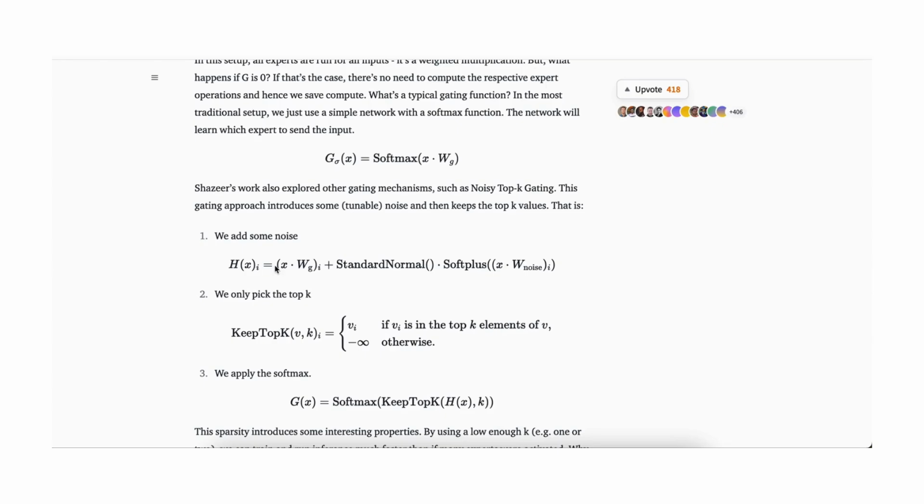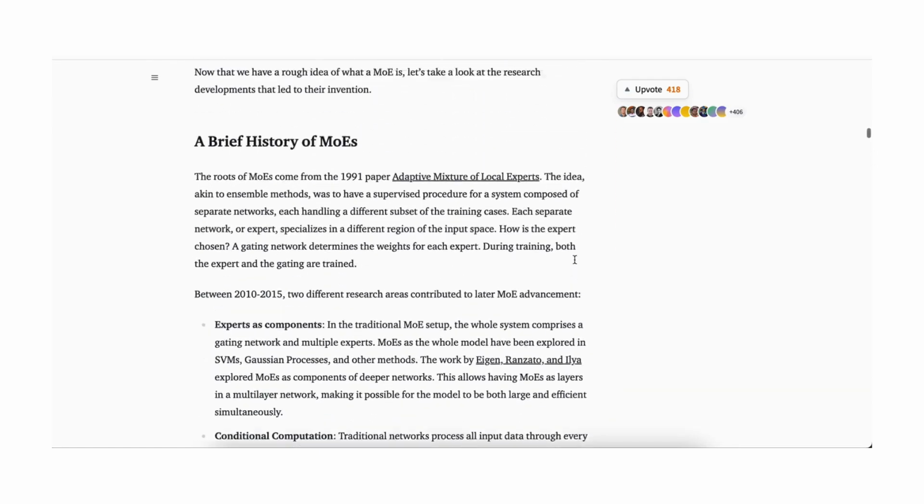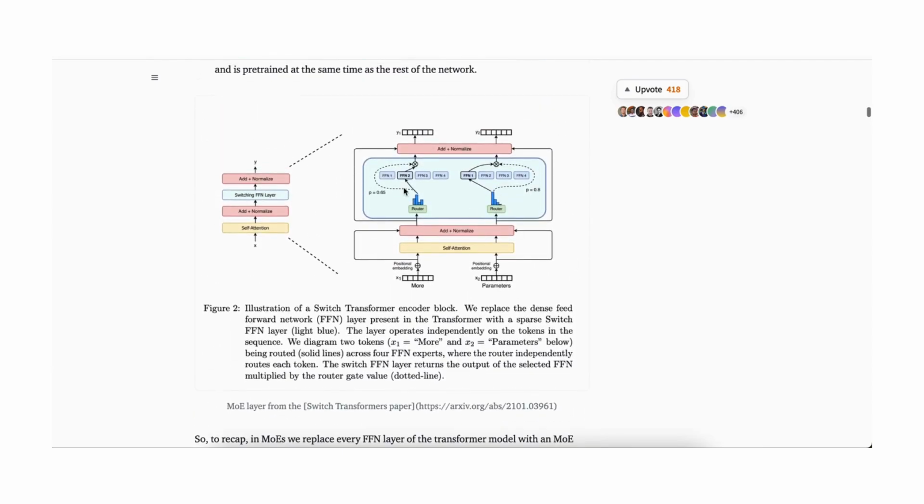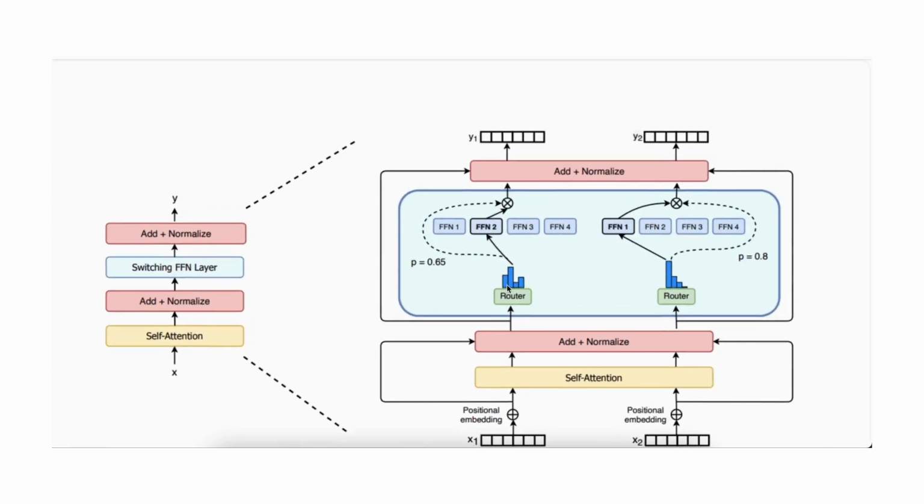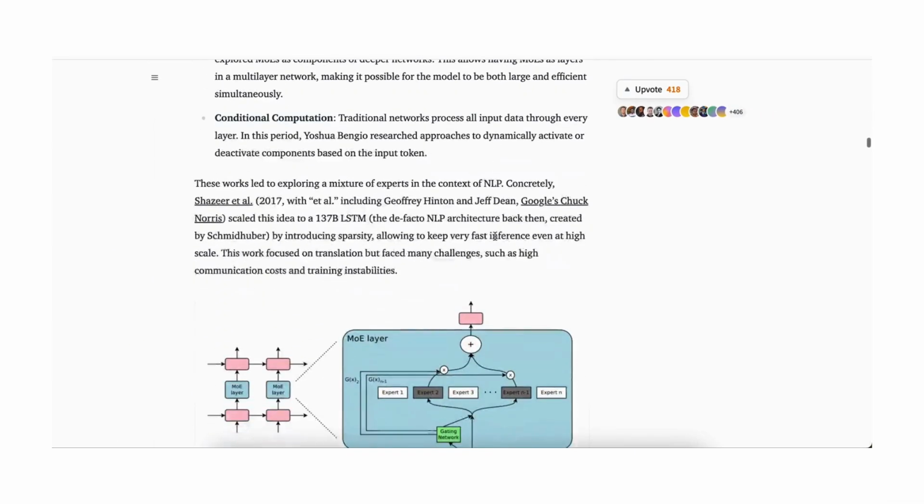So originally we were doing a softmax of XWG. Instead of doing that, we add a noise here. What the noise does is it allows us to explore rather than exploit. Because of this noise, sometimes we will choose a different expert and not number 2. And that's the first step that is done.